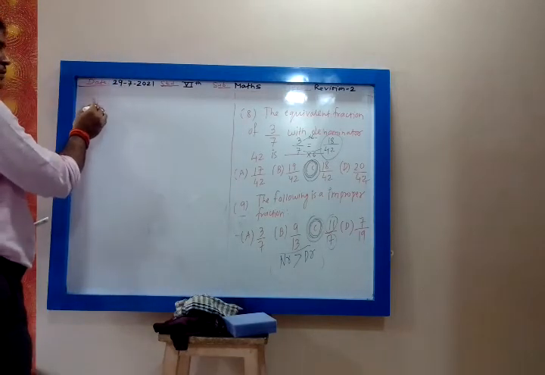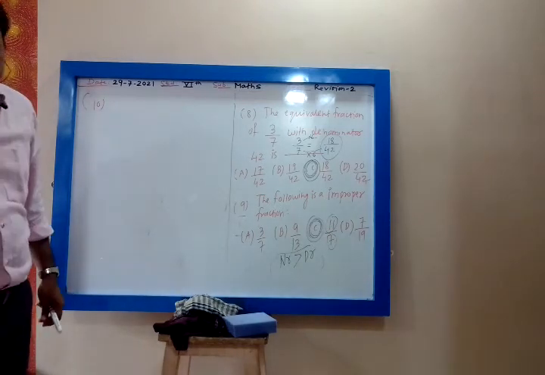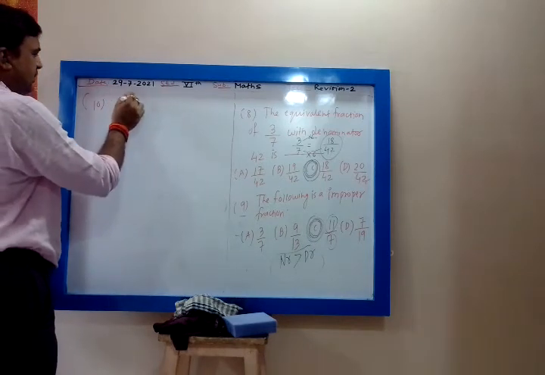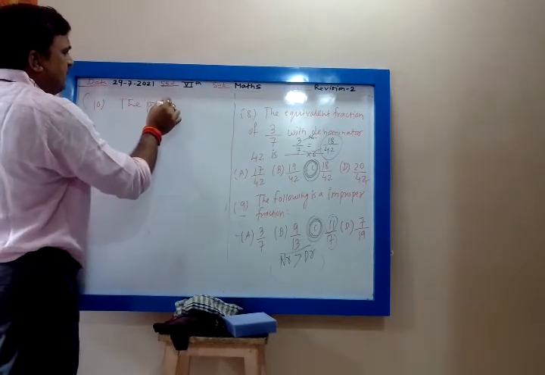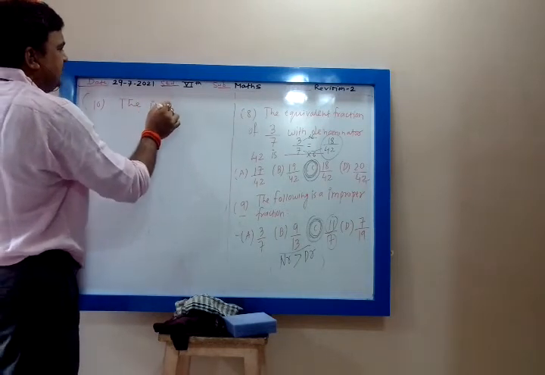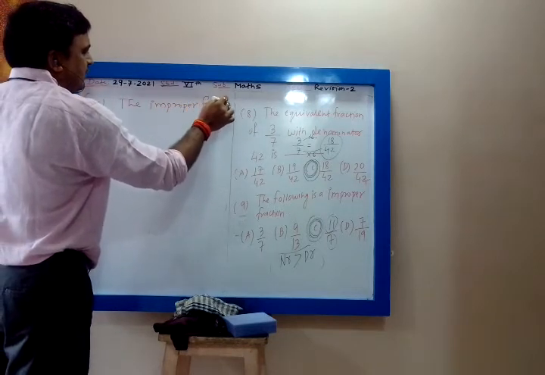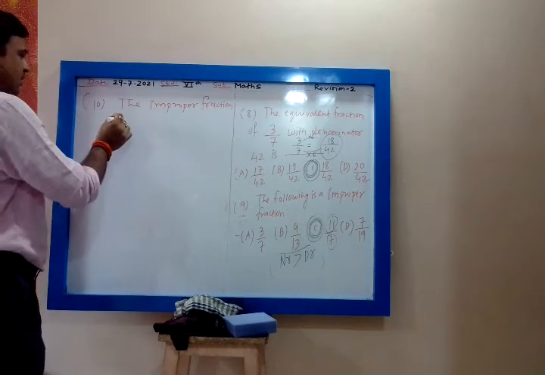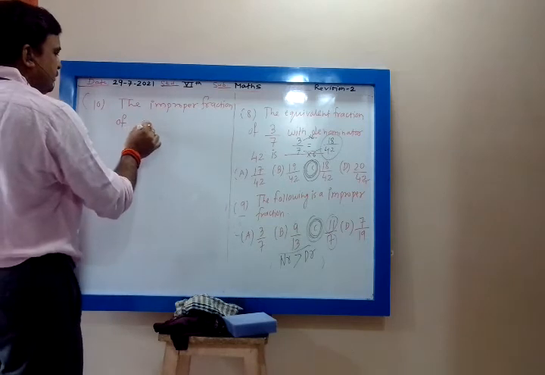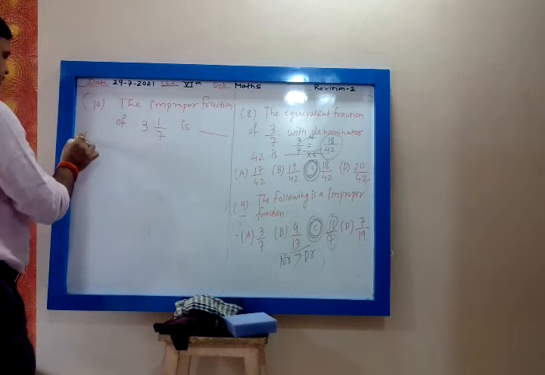So without solving the problem, do not guess. Write down the improper fraction of 3 1/7.